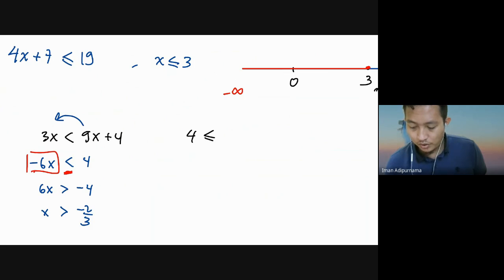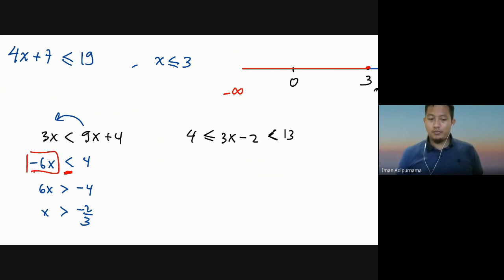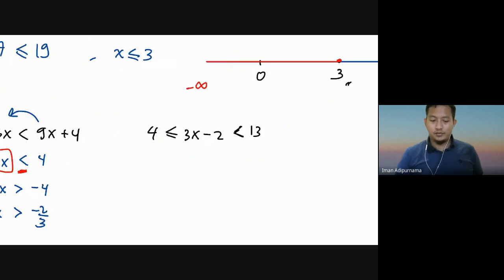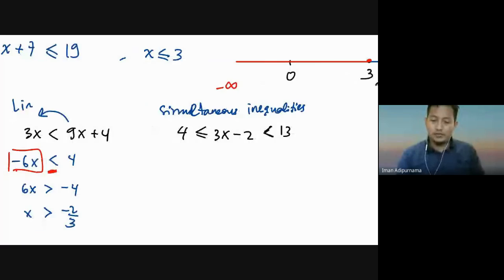If you have 4, what will be the solution for this one? So you have what's called a simultaneous inequality. This is just a linear inequality to the left one.